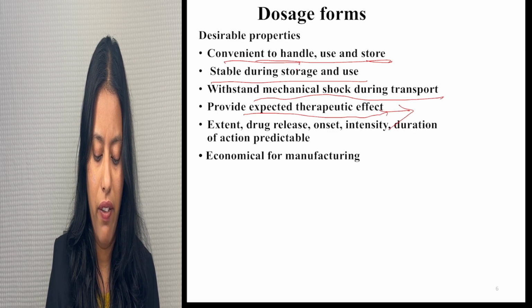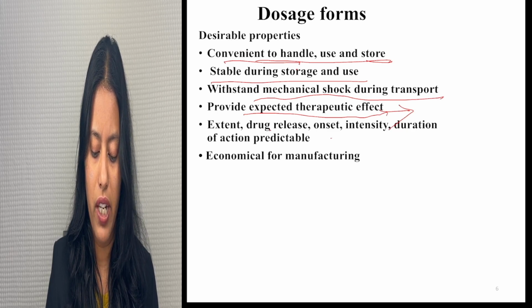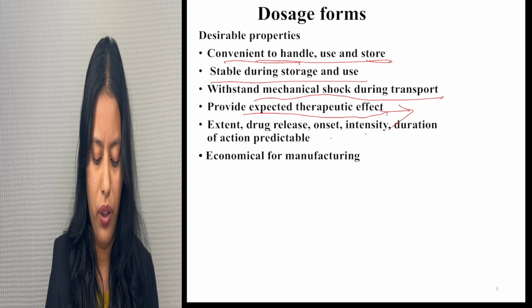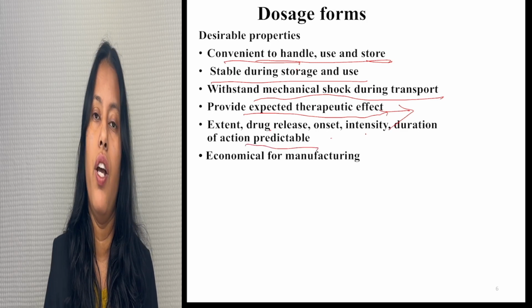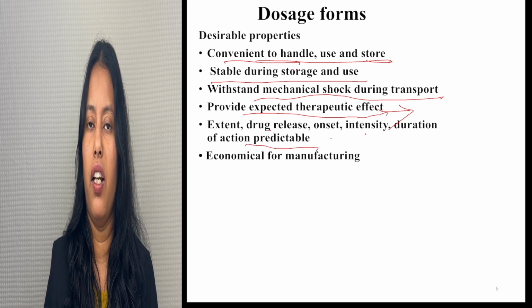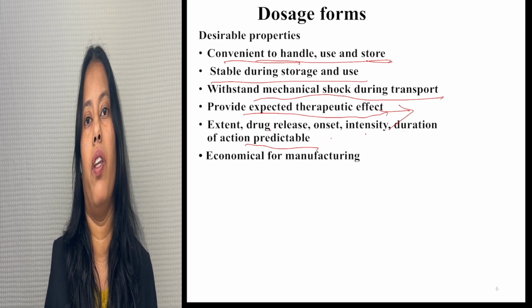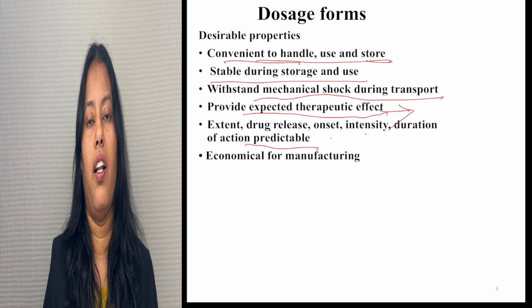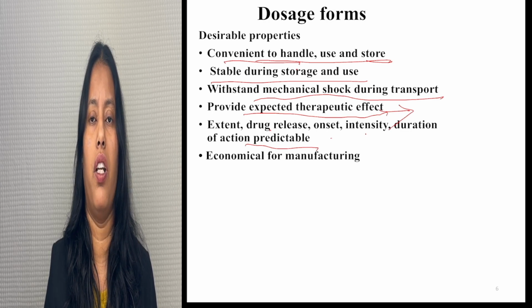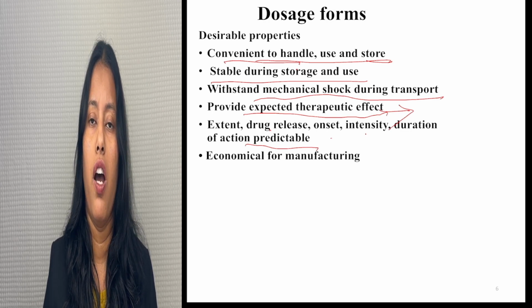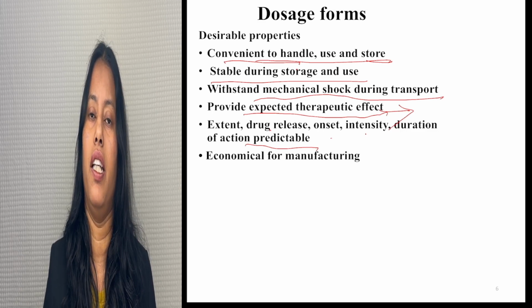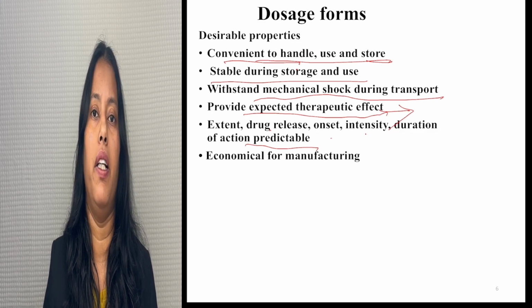Okay. Next, we have extent of the drug release, onset, intensity, and duration of action being predictable. So when you administer the drug, it follows some pattern. It first absorbs, then distributes, and then it starts eliminating from the body. So for a particular drug, you know how much time is required to absorb, how much amount is getting absorbed, how much amount is getting eliminated, at what time it starts eliminating, and what is the time when it gets completely eliminated.